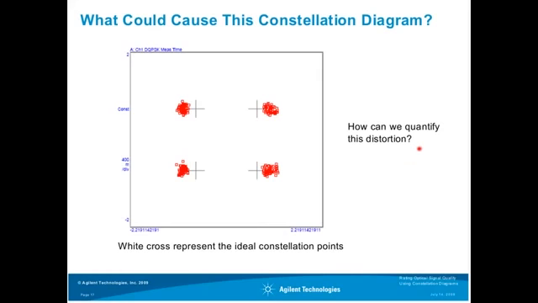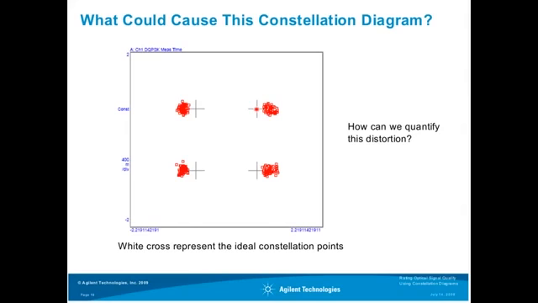So now let's go to the hard facts. Here I have shown a constellation diagram with a distortion which has an amplitude distortion in the in-phase path. And you see here at these cross points, they always represent the ideal position of the constellation points.